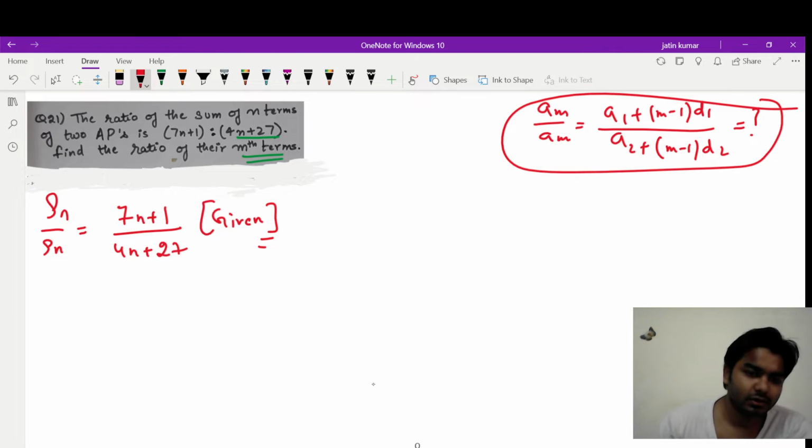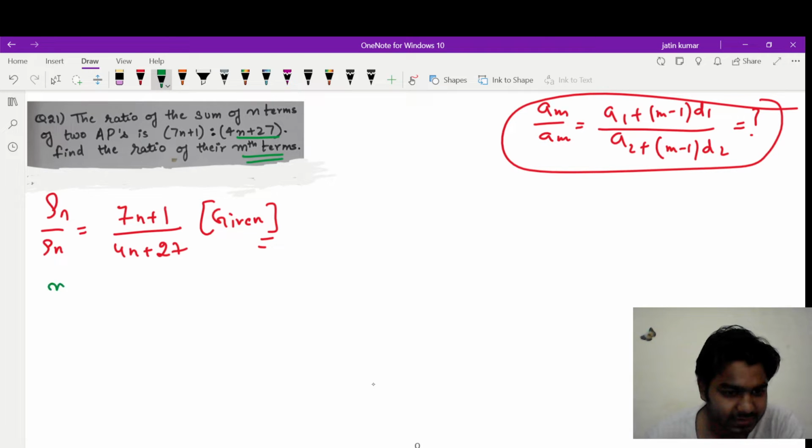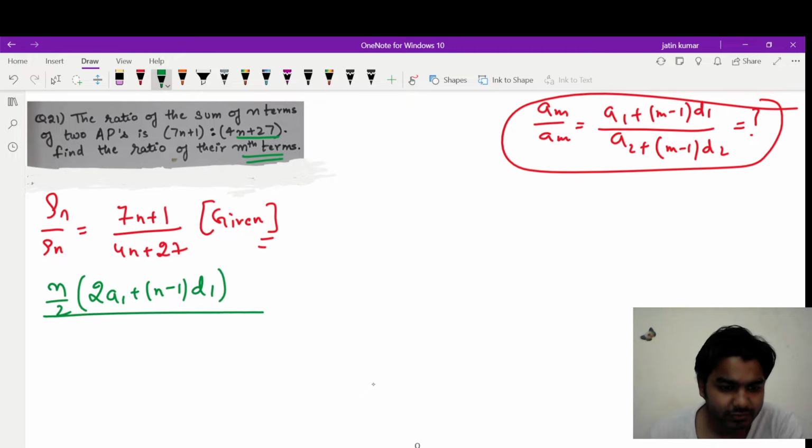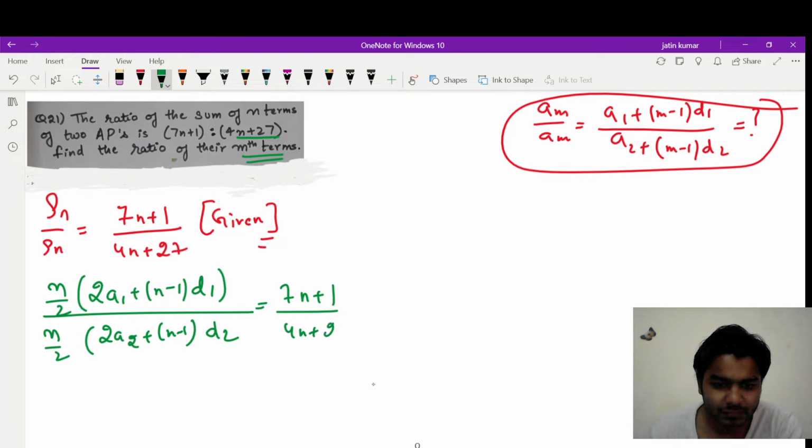Now we will take our given equation. Given equation is Sn upon Sn'. We will open Sn as n by 2 into (2a1 plus (n minus 1) d1), upon n by 2 into (2a2 plus (n minus 1) d2). This is equal to (7n plus 1) upon (4n plus 27).